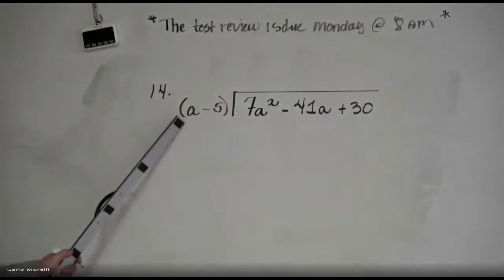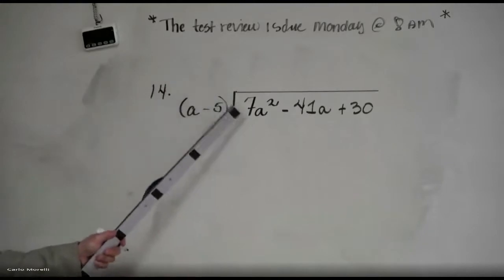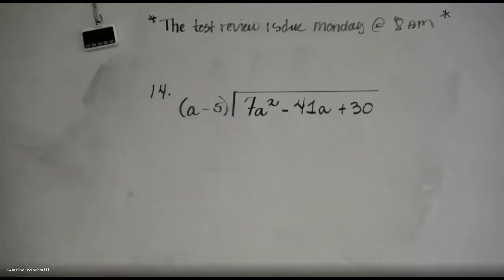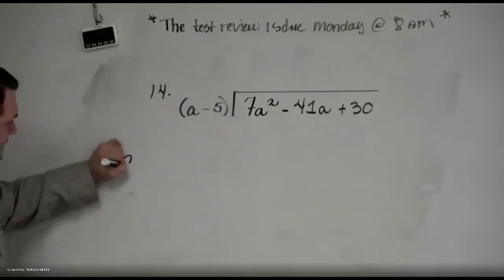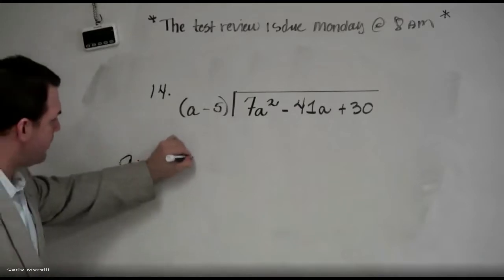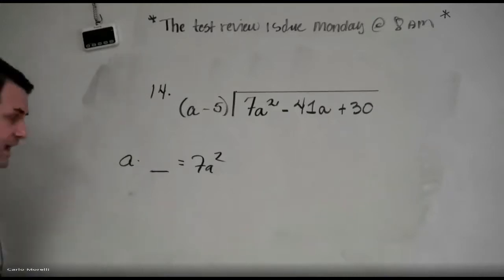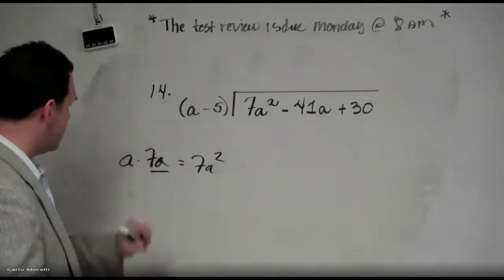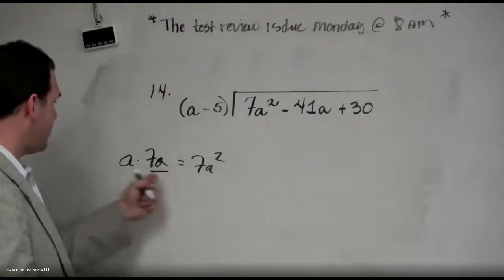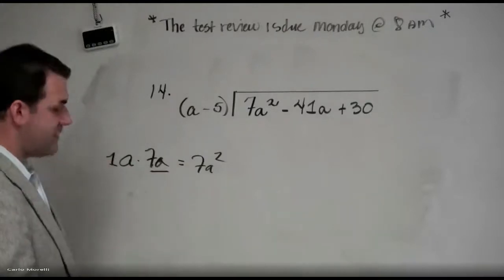Same thing. What times a equals 7a squared? So think about it. It's got to be a times something equals 7a squared. So what do you think goes here in this little space? 7a, right? That gives me a times a is a squared, 1 times 7, 7.